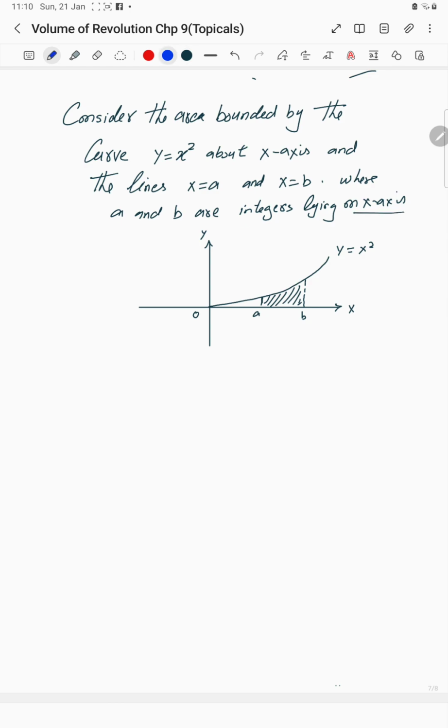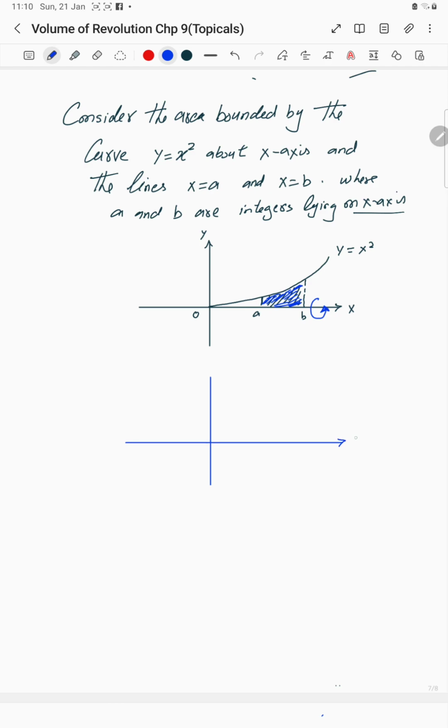So when we rotate this area, the one I shaded with blue, about the x-axis, I want this kind of rotation. Let me redraw it.